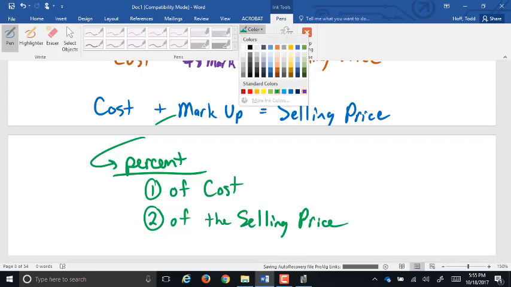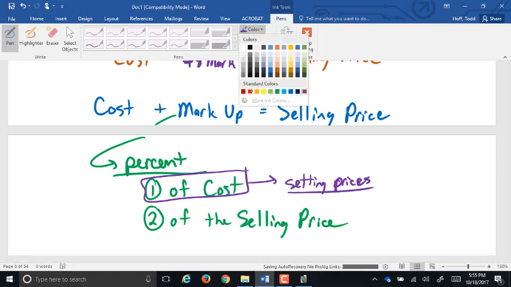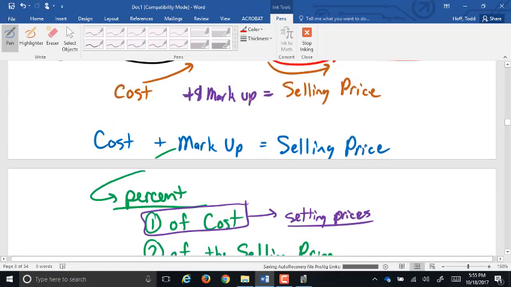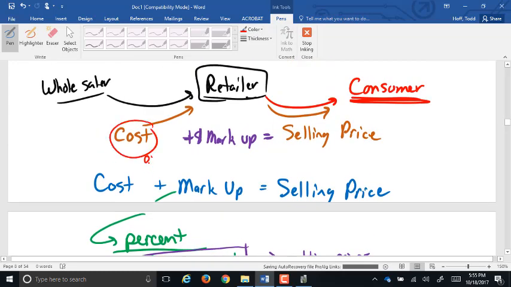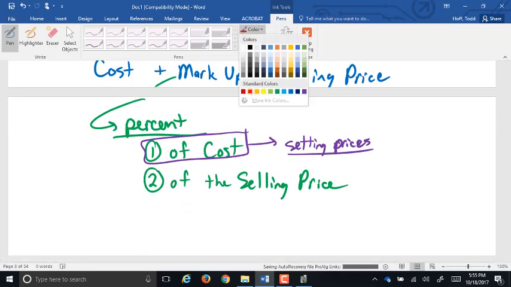So the first question is, why would you want to do it one way or another? Well, doing the markup based on cost is easiest for just setting prices. Because when you buy it, you know what it costs you, right? So it comes in here, you know the cost, you find a percentage of that cost, you add it on, it gets you the selling price. But using a percentage of the selling price is easiest for bookkeeping.